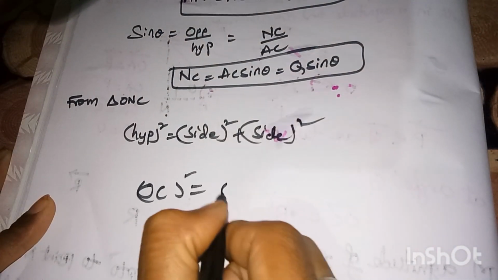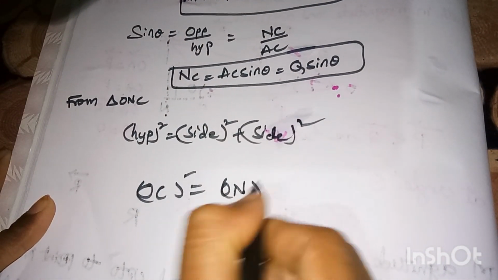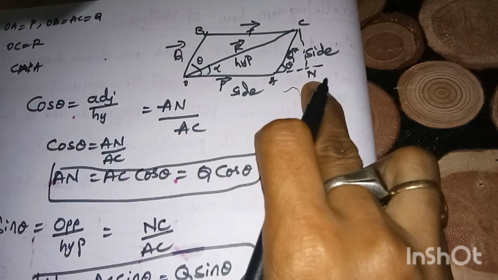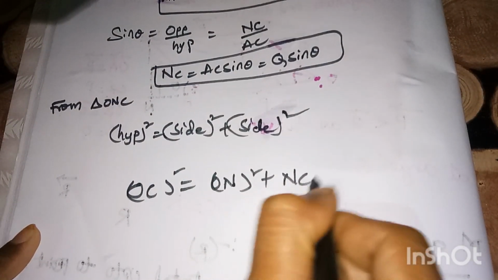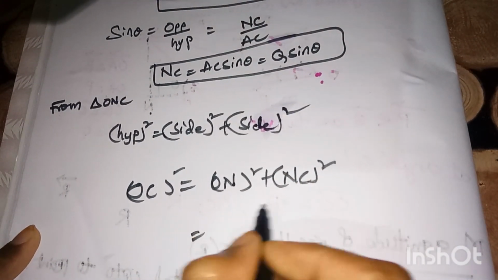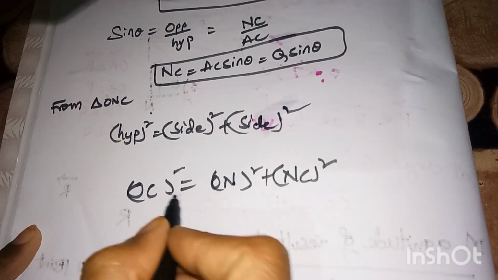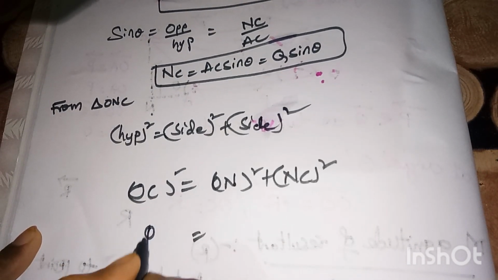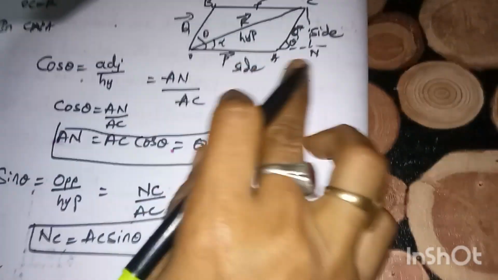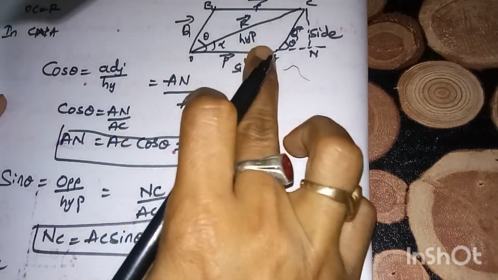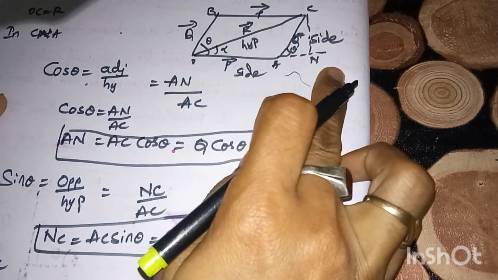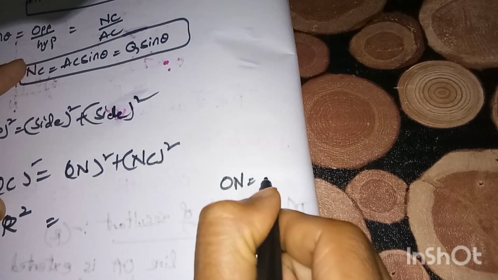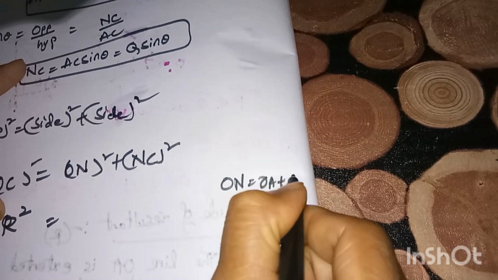ON whole square plus the other side NC whole square. What is OC? R. So R square. And what is ON? You know that OA is extended, so OA plus AN becomes ON. So ON equals OA plus AN.